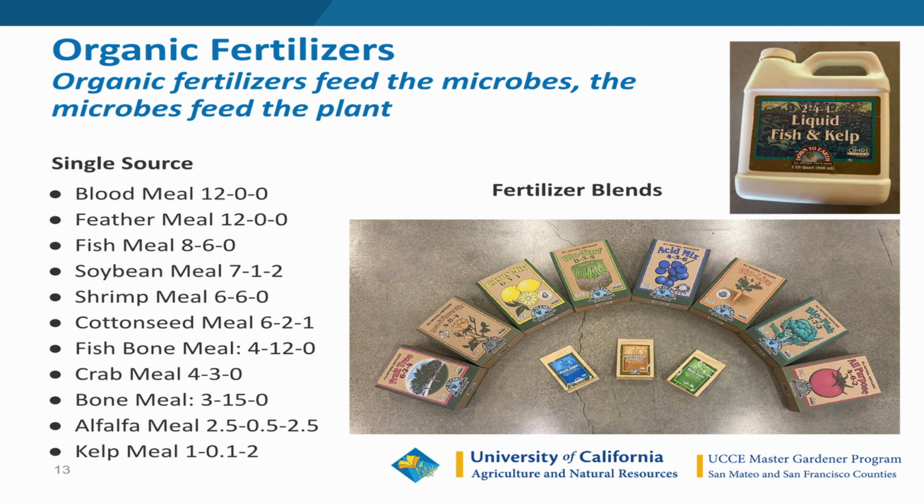So sometimes people add both. You'll notice in fertilizer blends that oftentimes there's a number of these individual single source ingredients in a blend, and the blends are made specifically for the type of plant you're growing. And I just want to point out that of the three numbers, nitrogen is the first one, phosphorus is the second one, and potassium is the third.